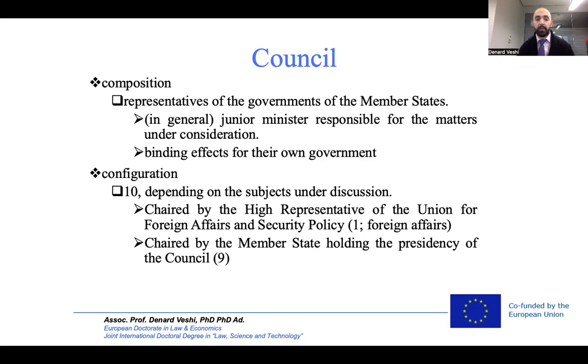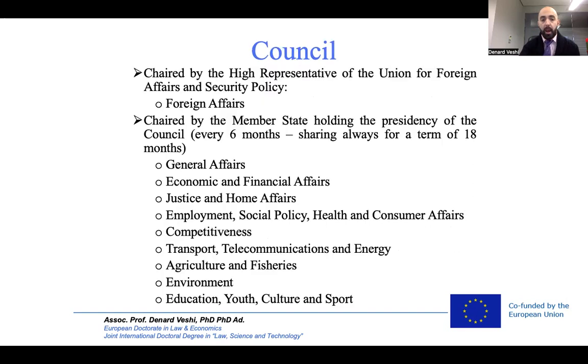It is divided in 10 different groups. One group is led by the High Representative of the Union for Foreign Affairs and Security Policy, which is the section regarding foreign affairs, while the other 9 are represented by the President.